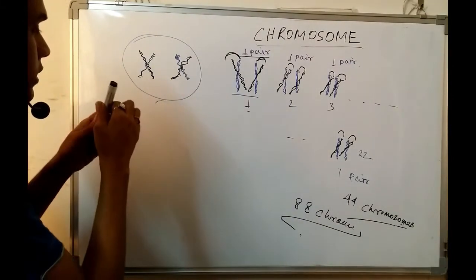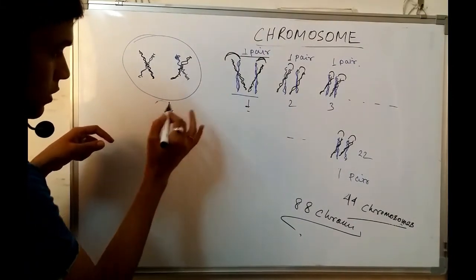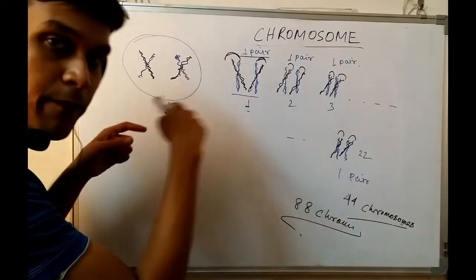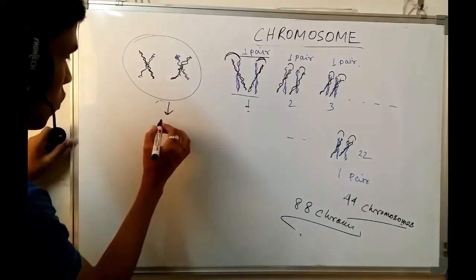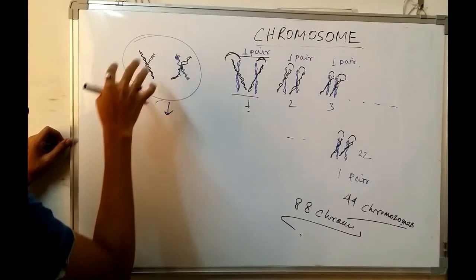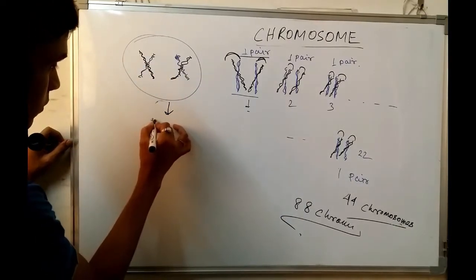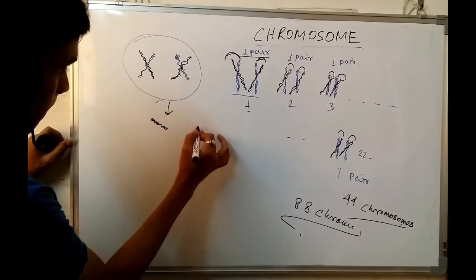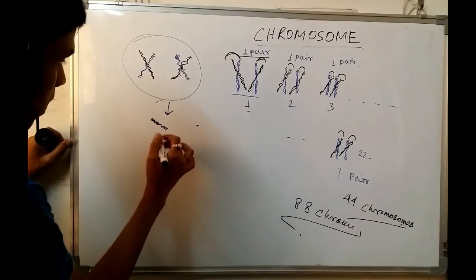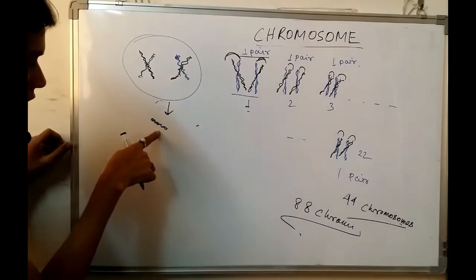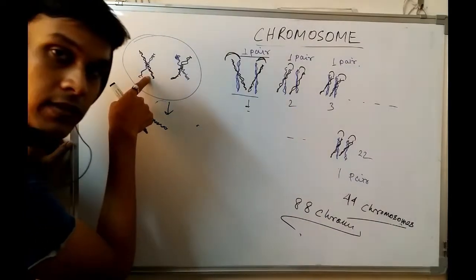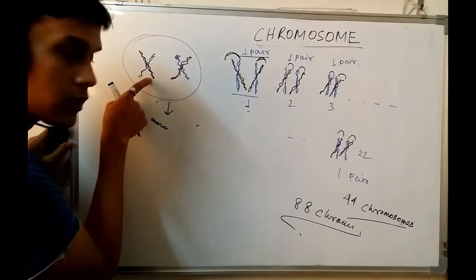Now, during cell division, they are separated. If I consider the separation, one cell gets one copy.